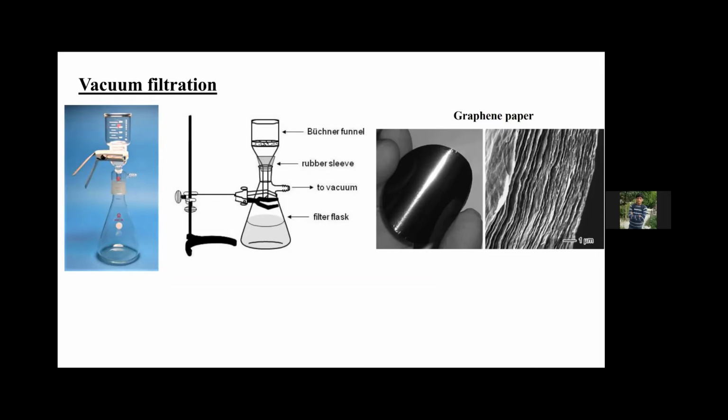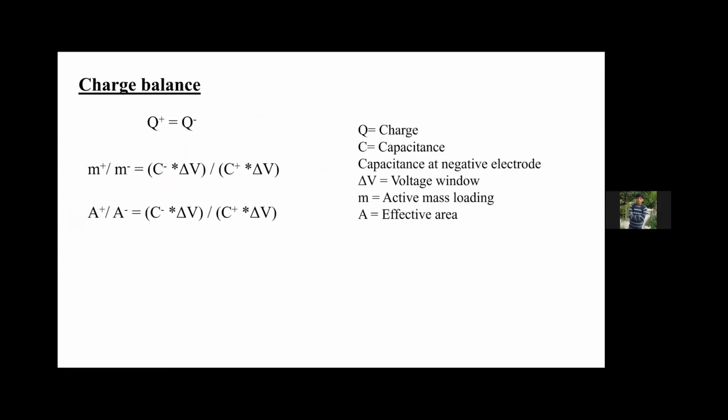There are some other techniques, such as screen printing or doctor blade techniques, which are a bit complicated. We will skip these, but there are many other techniques to make the electrode. So now we have the electrode material, and we measure its specific capacitance.